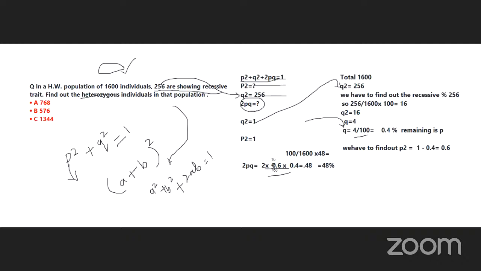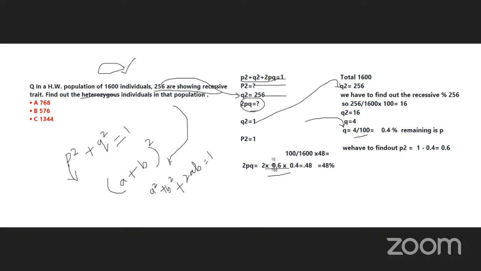So you get q squared is equal to 16, and q is equal to 4. Divided by 100, you get 0.4.